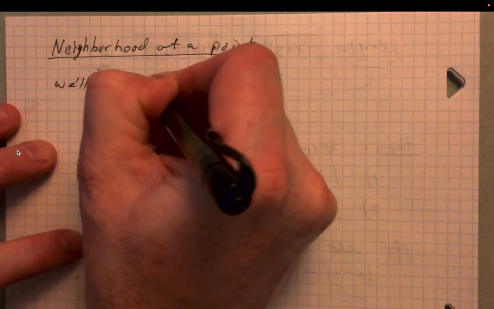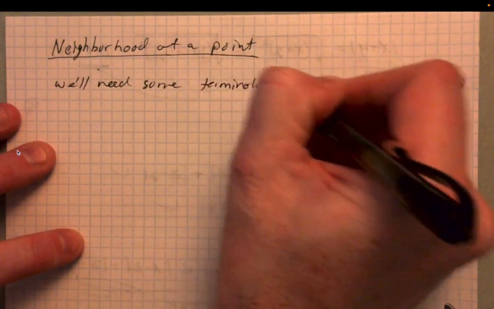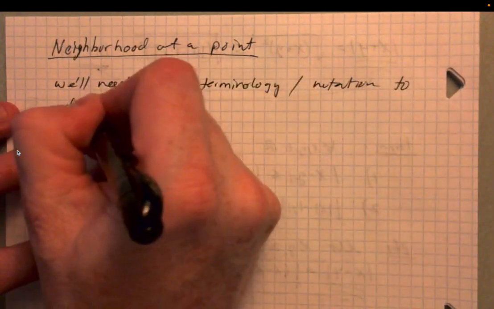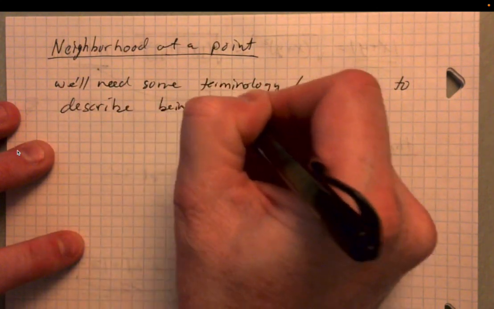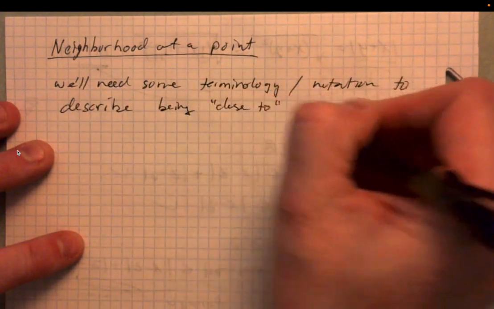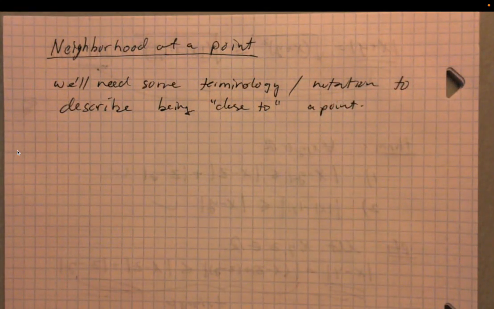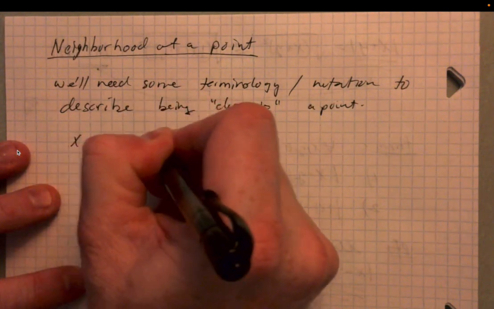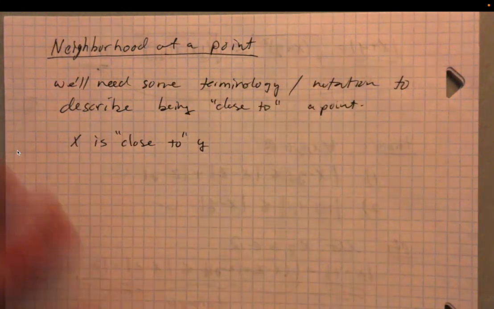So we'll need some terminology and notation to describe being close to a point. If I say x is close to y, what do I mean by that?